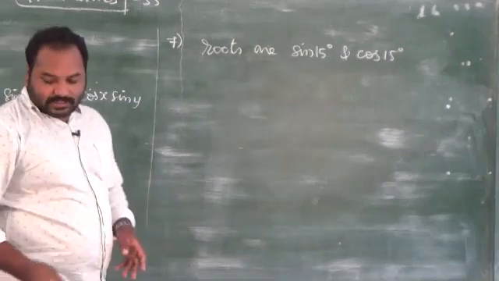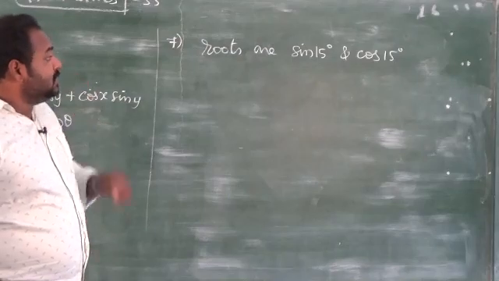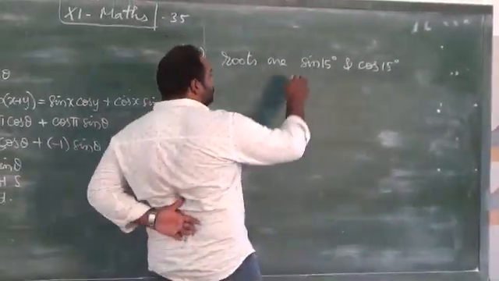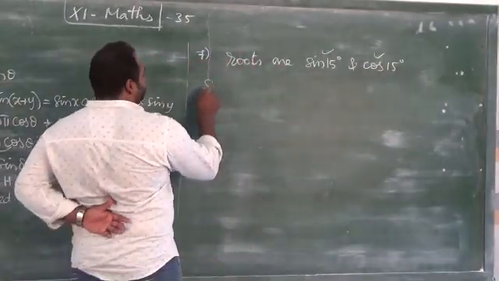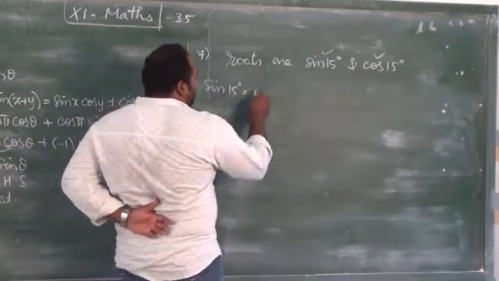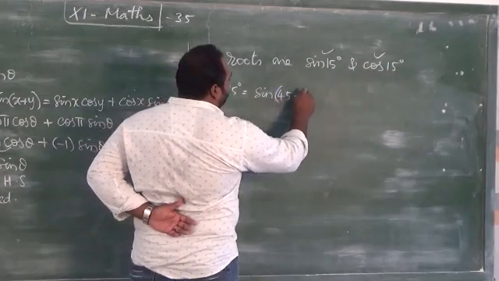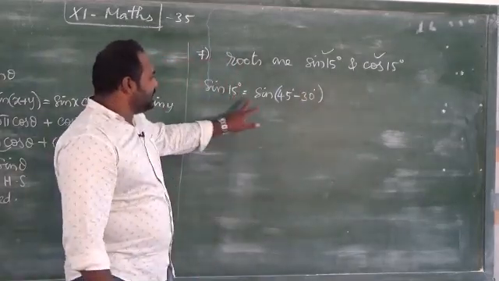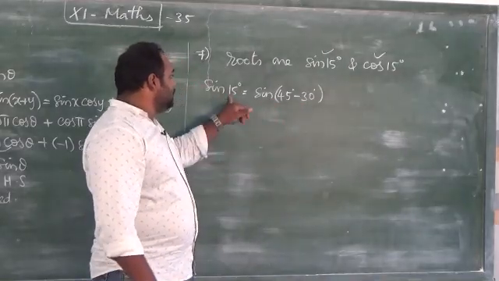Using these two roots we are going to find the quadratic equation. But before using the quadratic equation, I am going to find the sin 15 value and cos 15 value. Sir, how can we find sin 15 value? Sin 15 degree equal to, we can write sin of 45 minus 30 degree. Am I correct? Instead of sin 15 it can be written as 45 minus 30 degree. 45 minus 30 is 15.